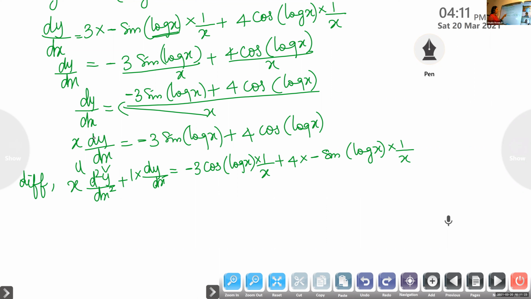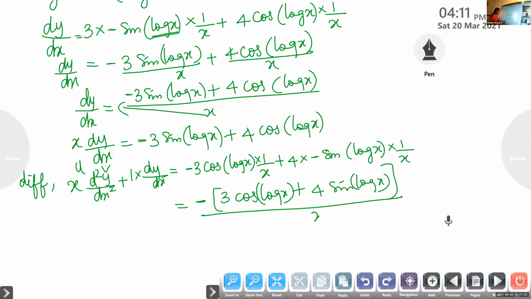So sine of log x, if you differentiate, it is cos of log x into 1 by x, plus 4 into, what is the derivative of cos x? Minus sine of log x into 1 by x. So from here we can take one minus outside. If you take one minus outside, you will get 3 cos of log x plus 4 sine of log x. We can take one x also as common.